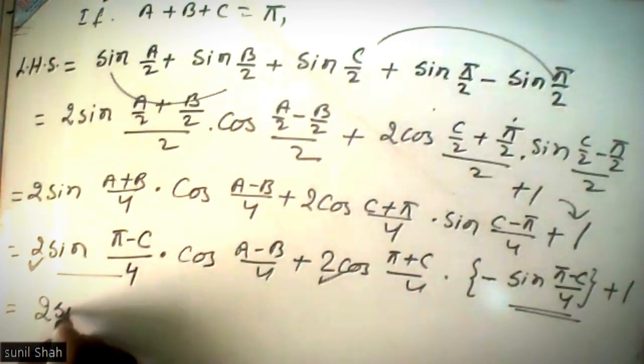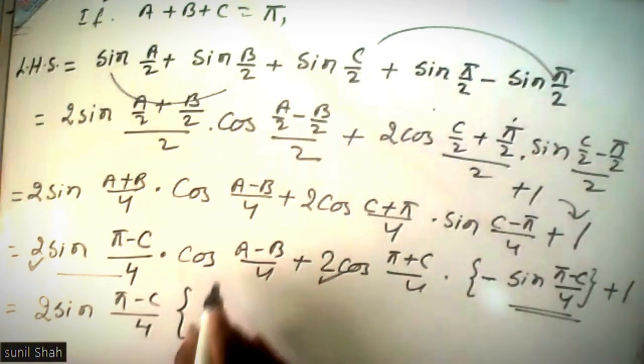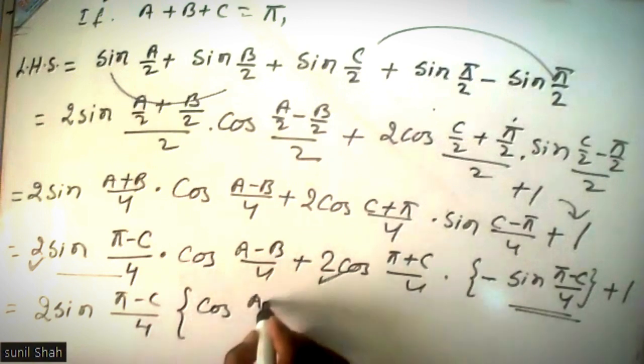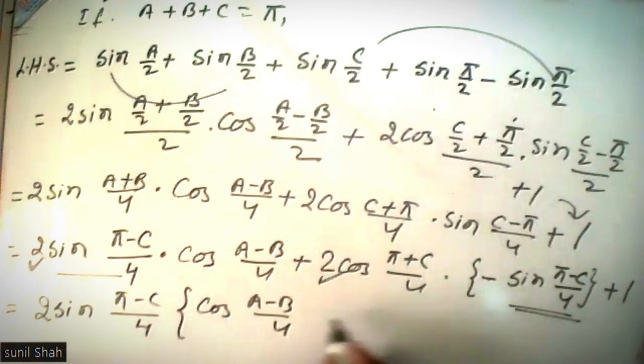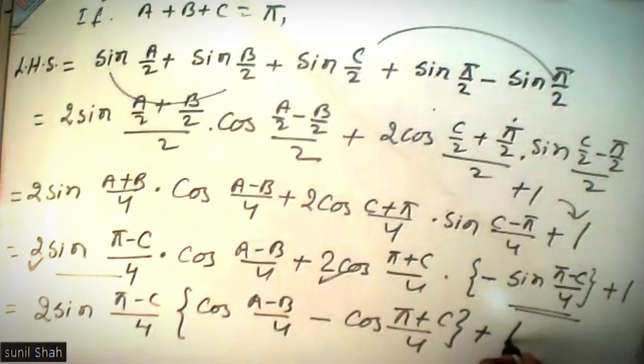So 2 sine (pi minus C)/4 is taken out from two terms. Then for the first term, we have cos (A-B)/4 and this side minus cos (pi+C)/4 and plus 1.